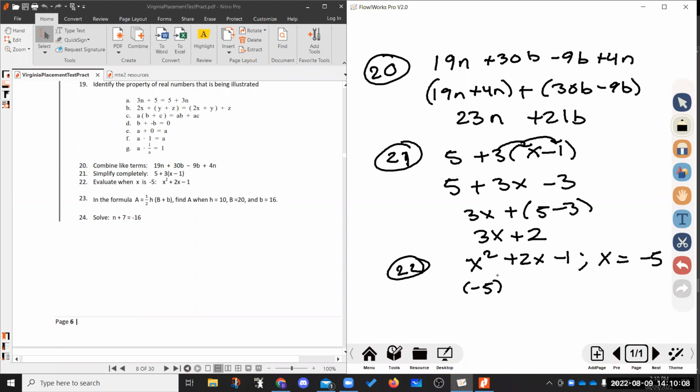So we're going to replace all of the x's with -5s in parentheses. That's important because -5 times -5 is going to be a positive 25. Well, a positive 2 times a -5 is a -10. So this is going to be 25 minus 10 is 15. 15 minus 1 is 14.